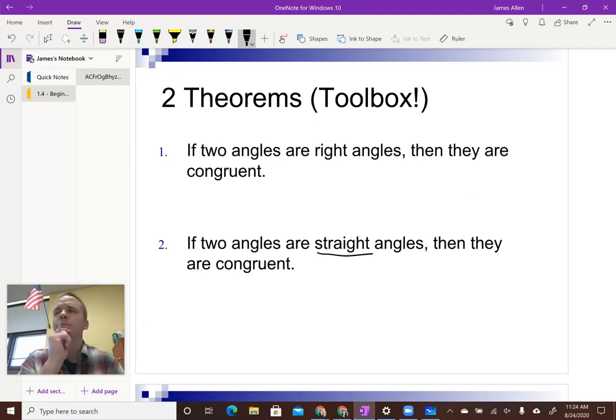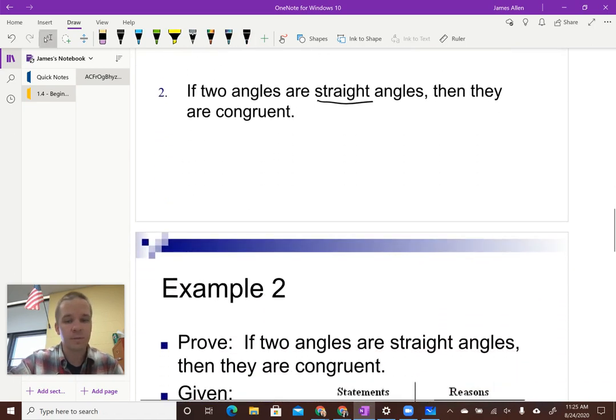Now, here's a good one. Could we reverse these? Could we use the converse? If two angles are congruent, then they are right angles. That doesn't necessarily hold true. So for theorems, the converse may or may not hold true. It just depends on the situation. But two useful theorems to jot down. We're gonna use them here in just a sec.